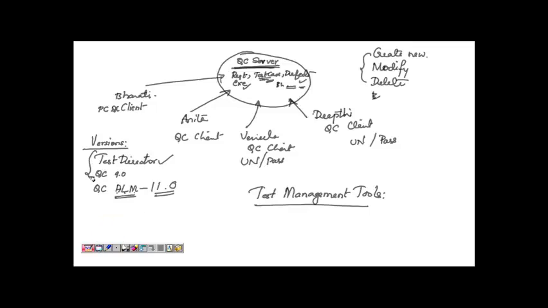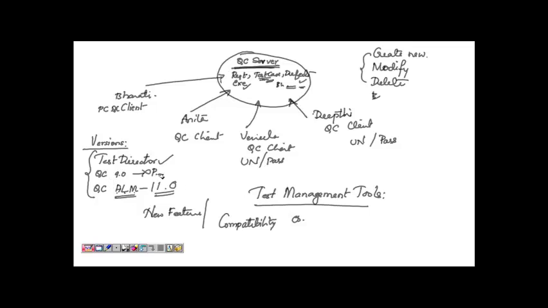And the reason why they have developed this is they have not added any new features as such. I mean, not any major changes they have made. It is just that, for compatibility, they have updated the version. Compatibility with what? Your operating system. Quality center 9 was working very well with your XP.